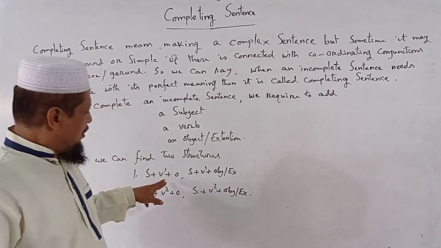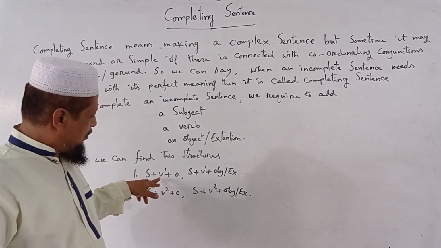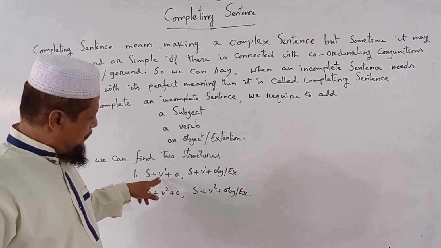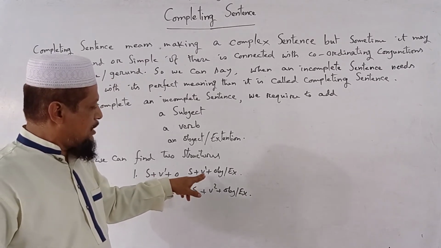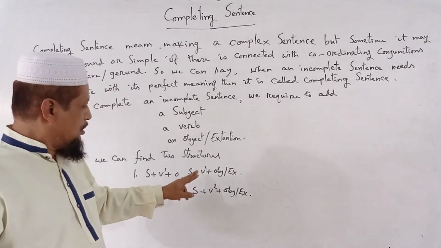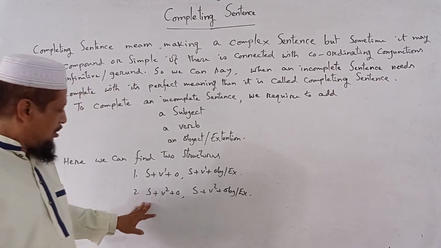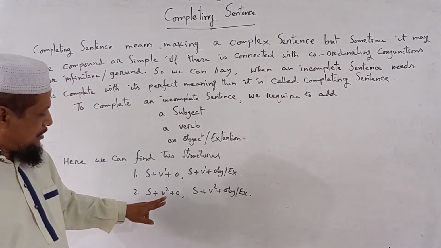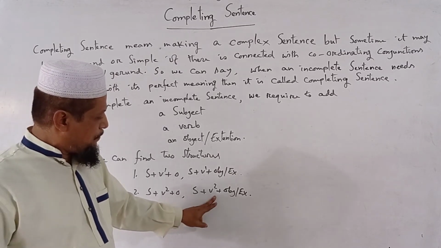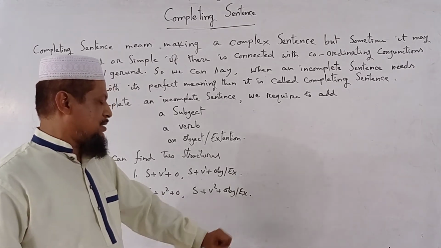That means here two verbs are seen, the first clause based on a verb, the second clause based on a verb. But in the second clause, you can see subject plus past form of a verb plus object plus extension.